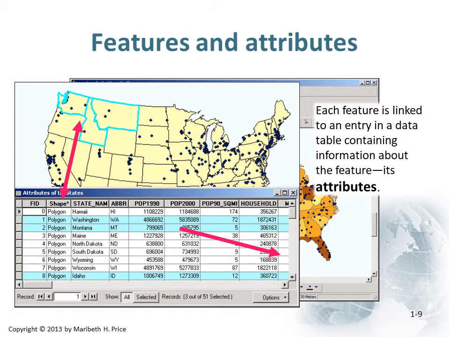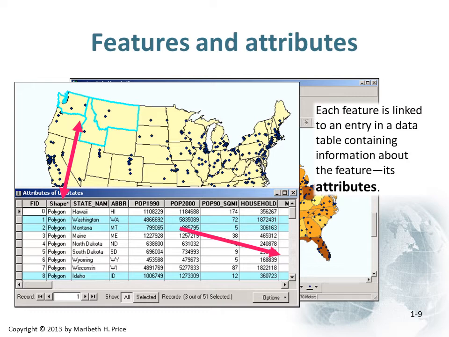Now, it also turns out that most spatial data has two components. There's the feature and the attributes. Every feature is linked to an entity in a data table containing information, and that information is called the attributes. In the older file formats like shape files, they're stored separately and they're linked together by the software.